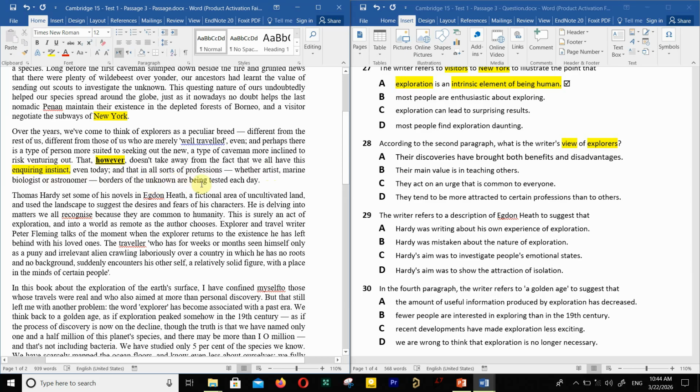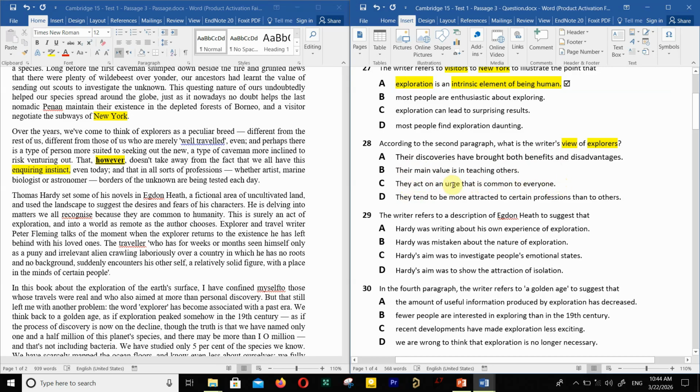Borders of the unknown are being tested each day. Their discoveries have brought both benefits and disadvantages? Nothing about that. Their main value is in teaching others? No, not at all. They act on an urge that is common to everyone.